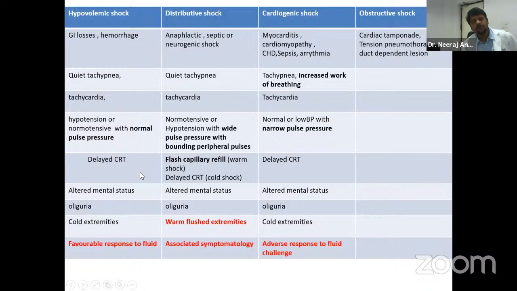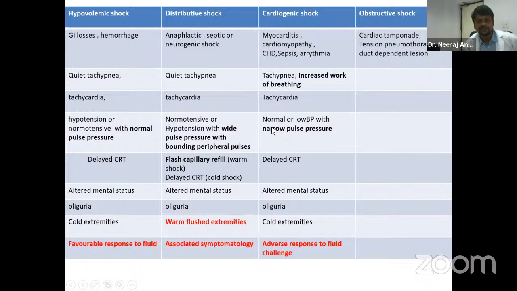In hypovolemic shock, the patient might be hypotensive, or the BP may be normal, but the pulse pressure will remain narrow. Whereas in septic shock, there will be wide pulse pressure with bounding peripheral pulses. The BP may be normal, or the patient may be hypotensive.